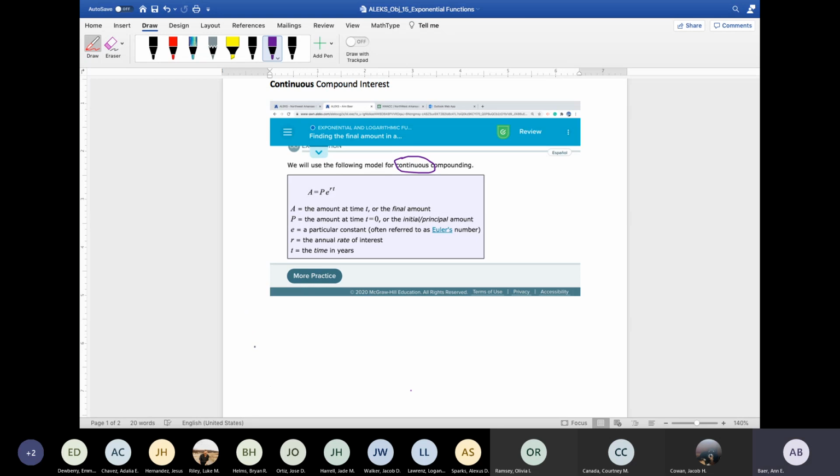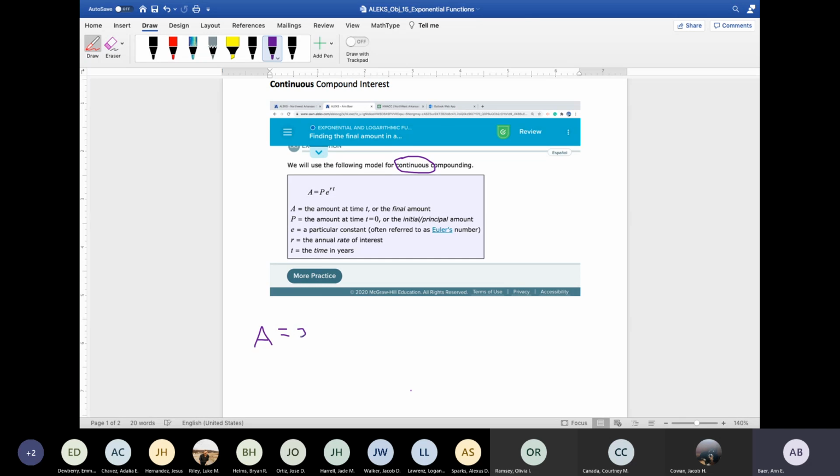So we want to know what A is. So A equals P. P is the amount at time 0, the initial amount, the principal amount. So the initial amount we are told is 3,600.